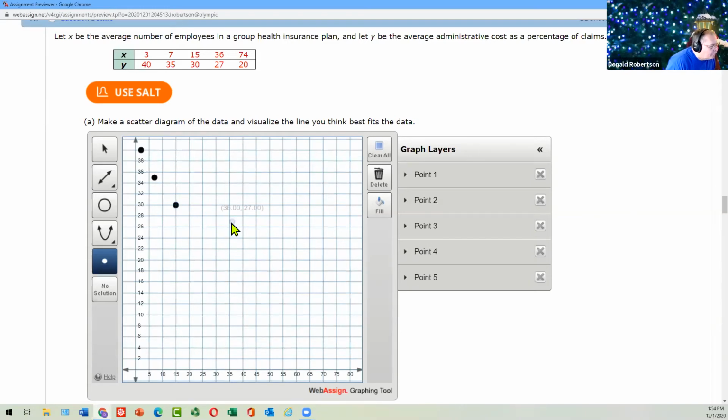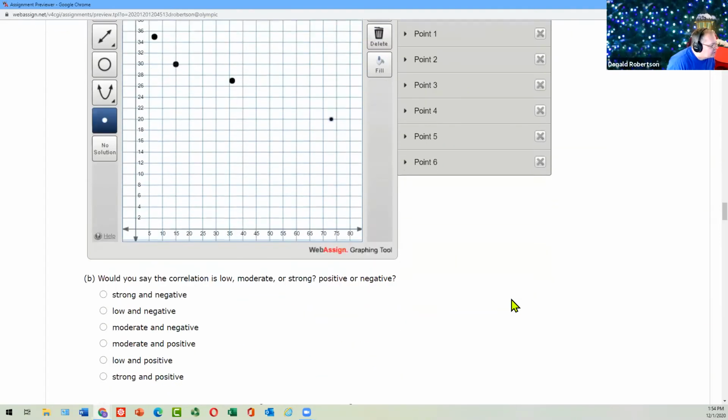If you hover over that point, in very faint, can you see it says 3627? So I can actually tell that's a good one. Last one is 7420. So 74 is about here, 20 is about here. Right, that's what this data looks like.